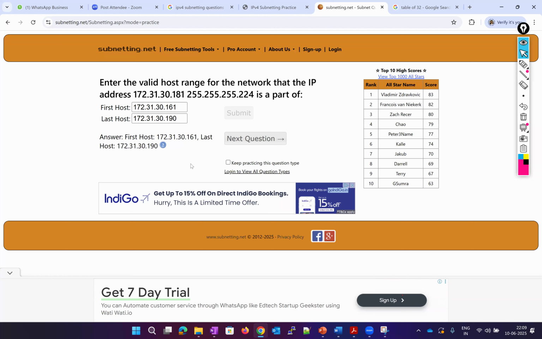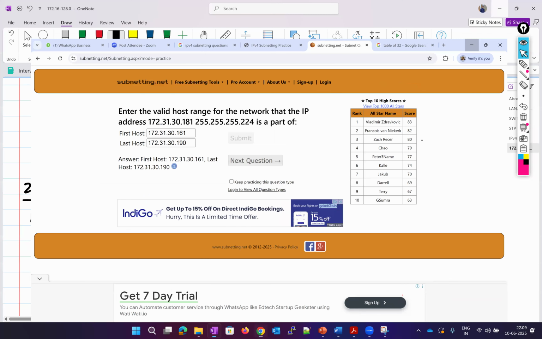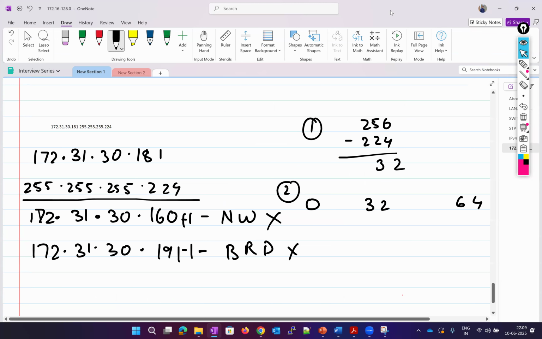Or what is the first IP address in the last subnet, etc. Any such kind of question you can answer using that method. Clear? Yes, sir. All right. So with this, we have come to a conclusion on IPv4 subnetting.